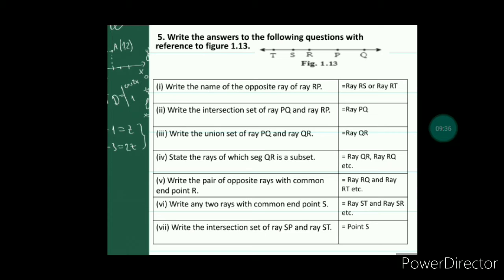Fourth one is, state the rays of which seg QR is a subset.